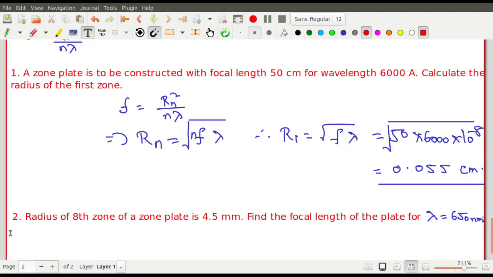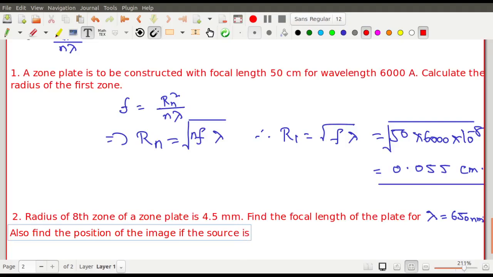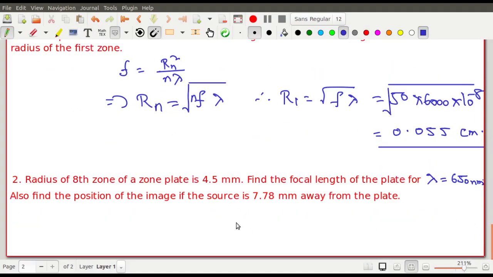And also find the position of the image if the source is 7.78 millimeter away from the plate.